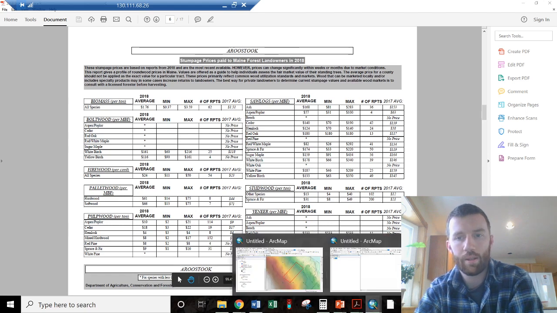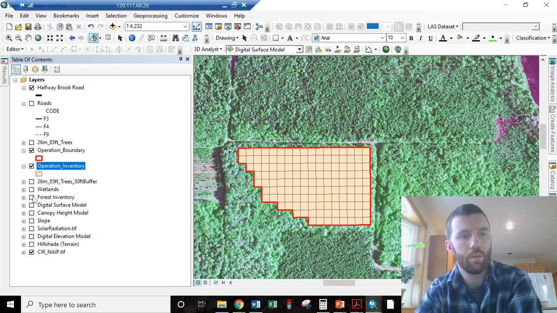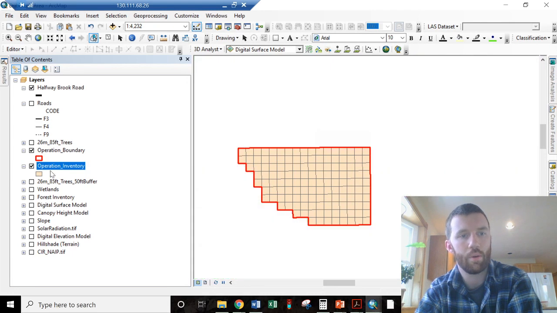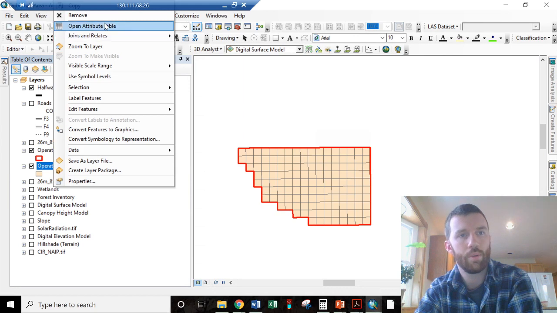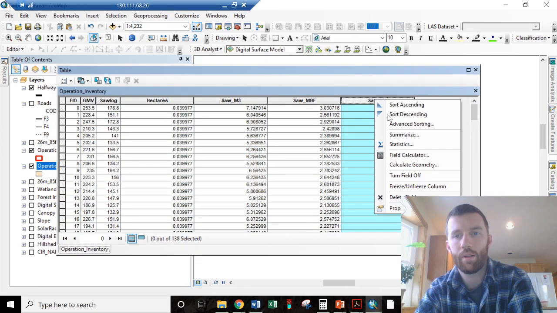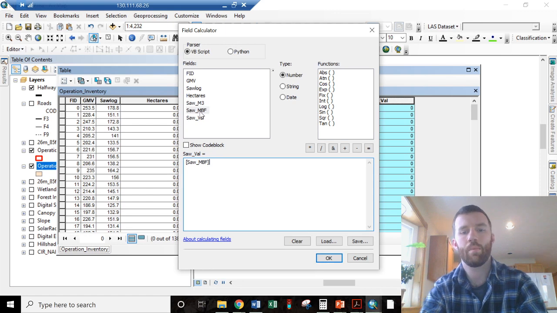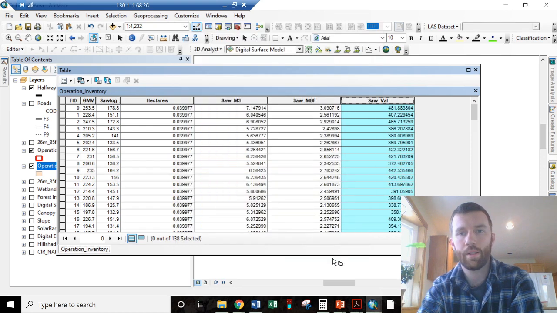And let's pop back in here. Open up our attribute table, check that back on, check the air photo off, open the attribute table, and use the saw log value field here, calculate its value with the field calculator. That is saw MBF times 159. And that is that.